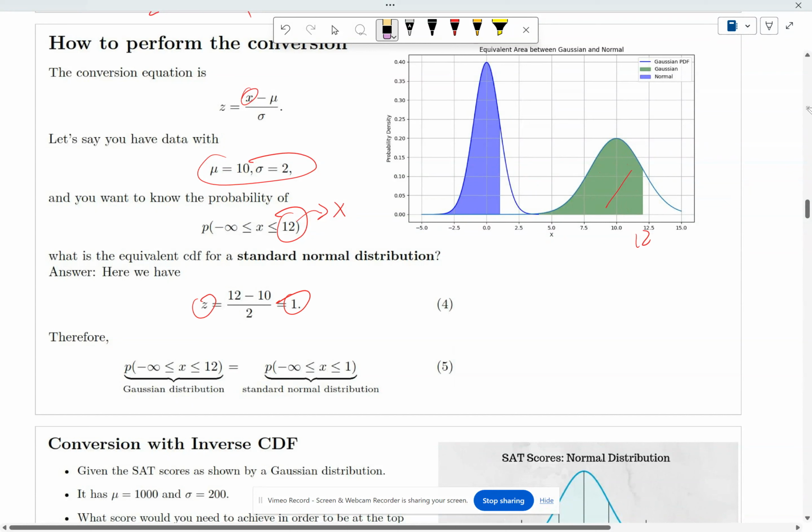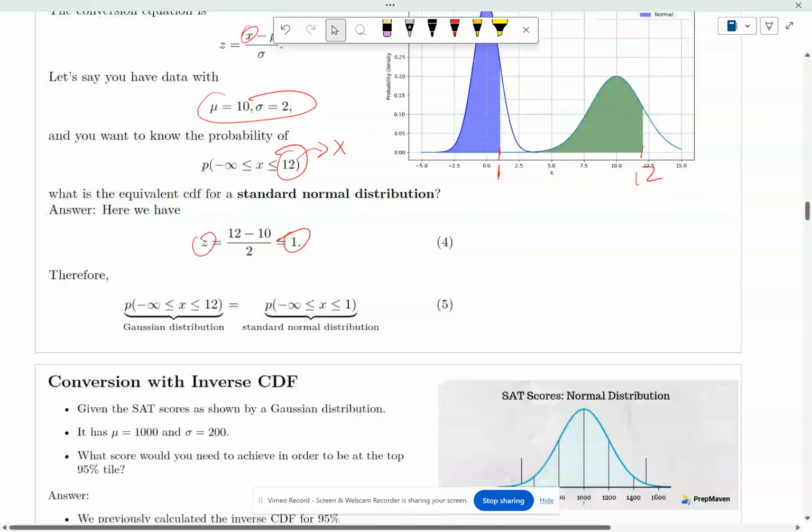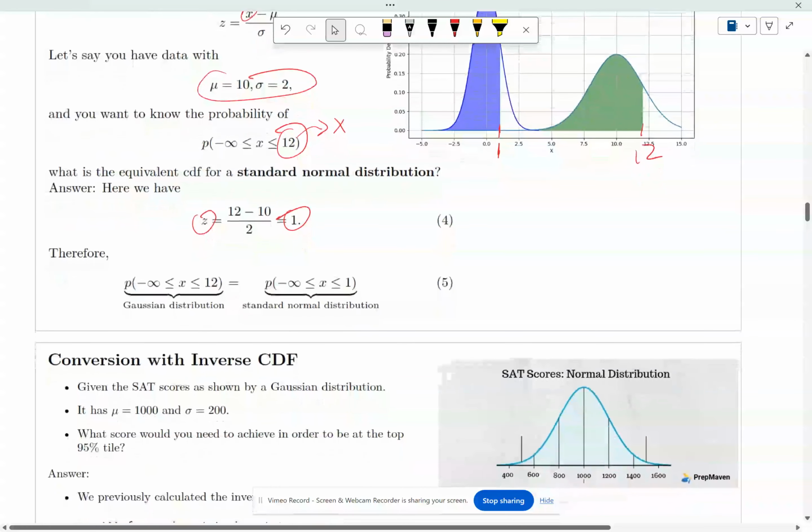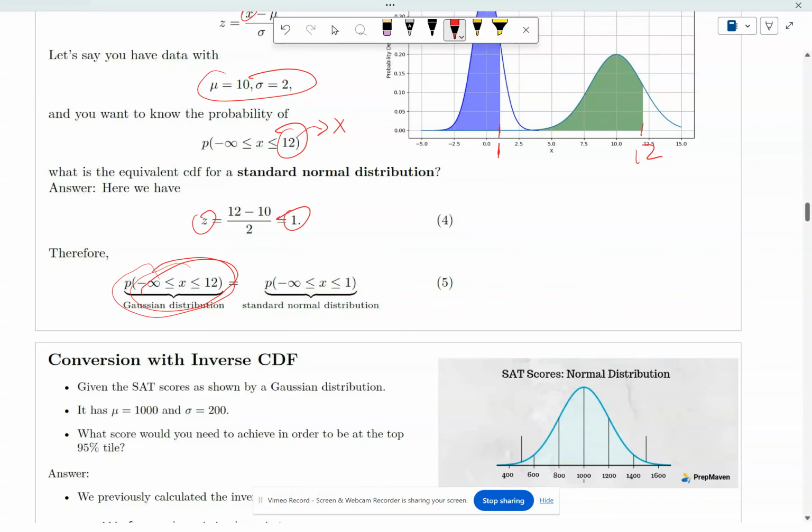So it's saying that 12 here for Gaussian is equivalent to 1 here, and that the area will be the same. Okay? So now you see that the area for the Gaussian distribution all the way to 12 is equivalent to the normal distribution up to 1.